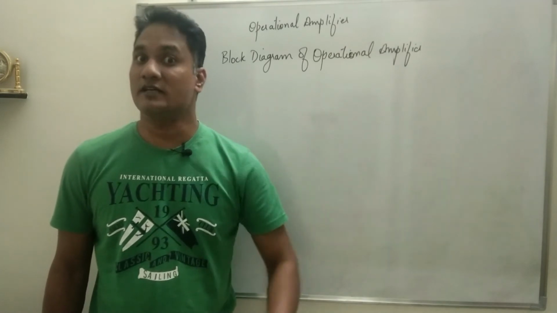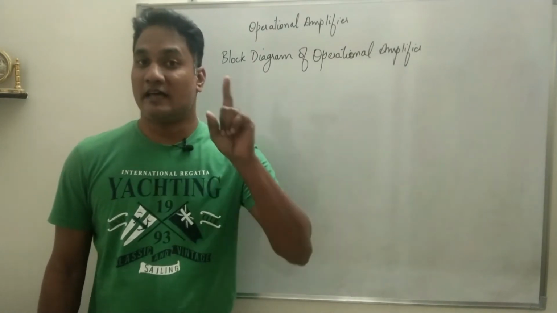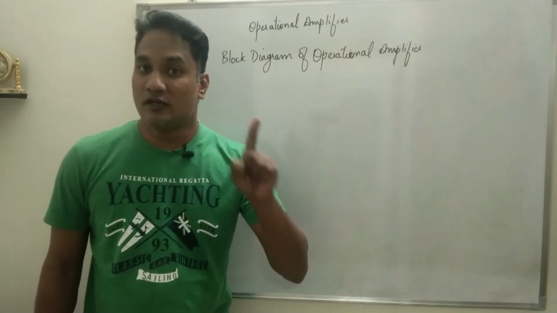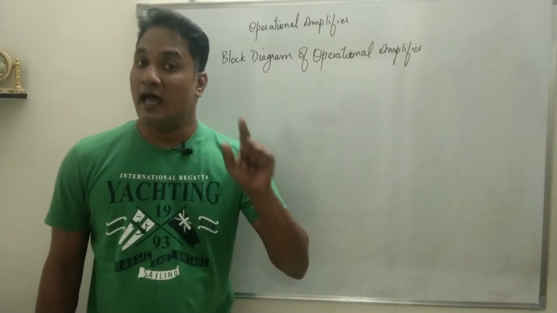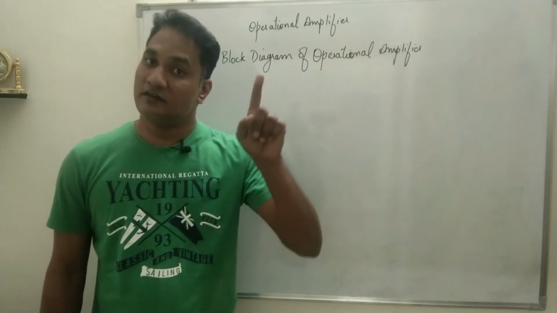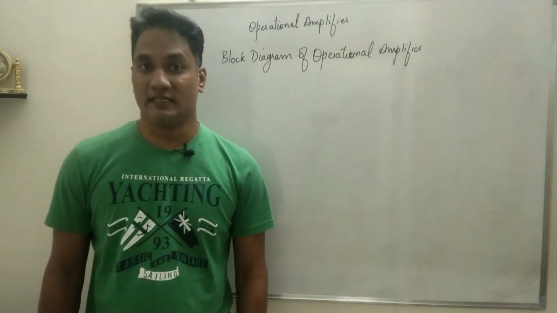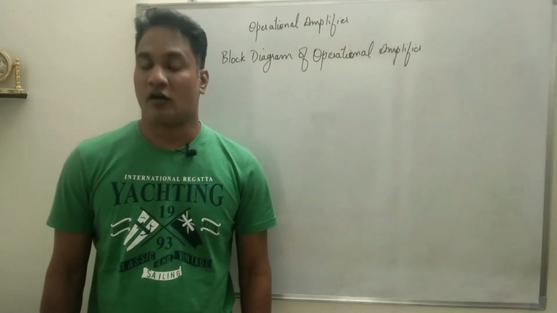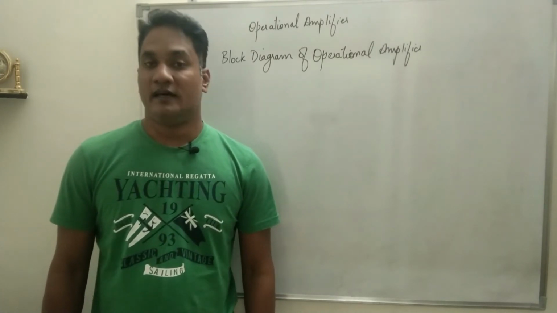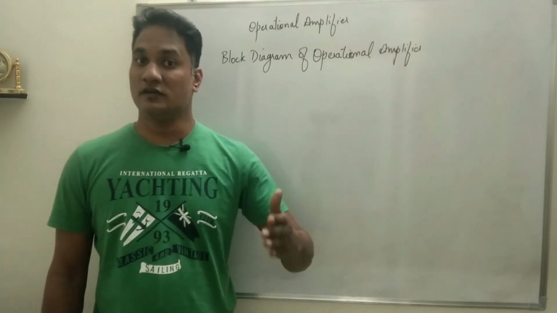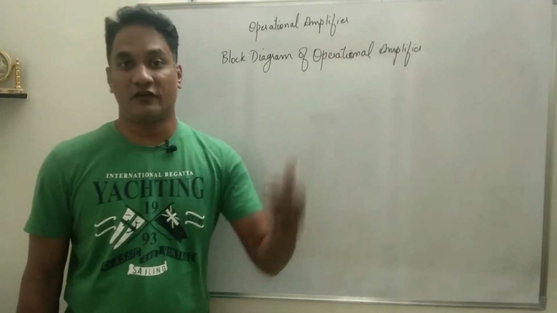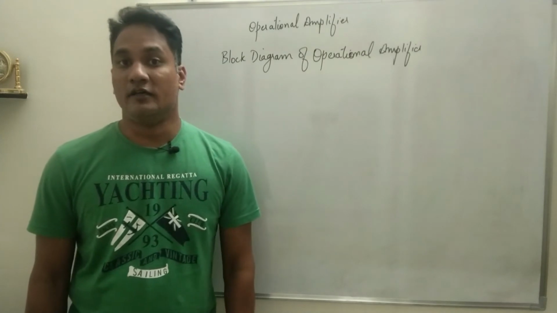That is the advantage of the differential amplifier, and its ability to reject the common signal and amplify only the difference between the 2 input signals is called CMRR, common mode rejection ratio. It is the ratio of the gain when the inputs are different to the gain when the inputs are common.